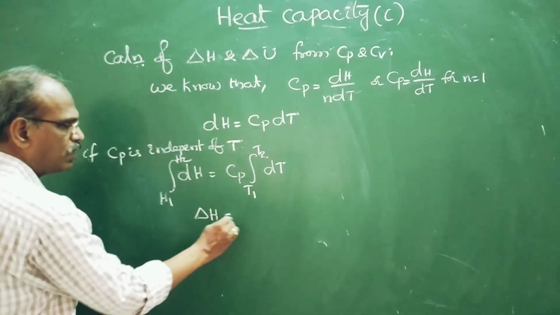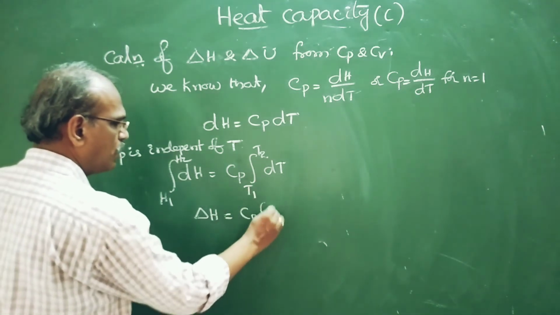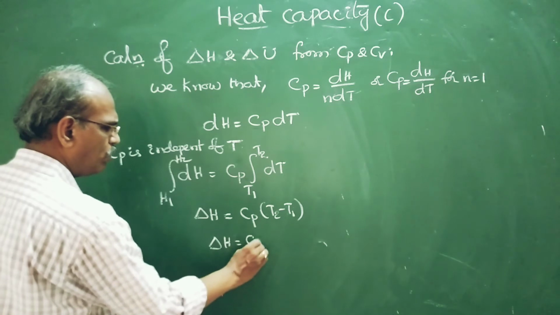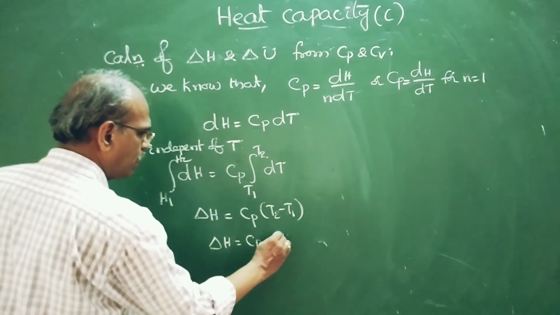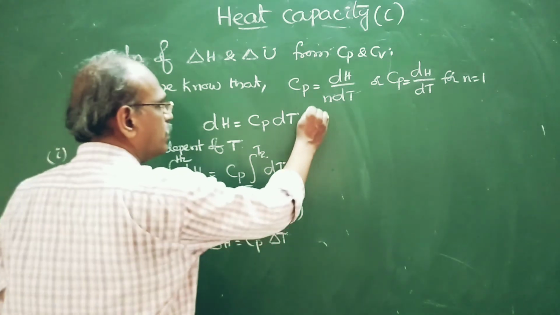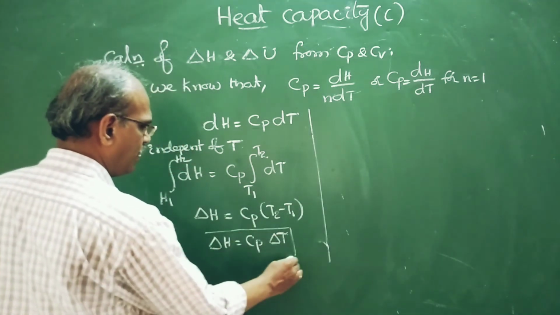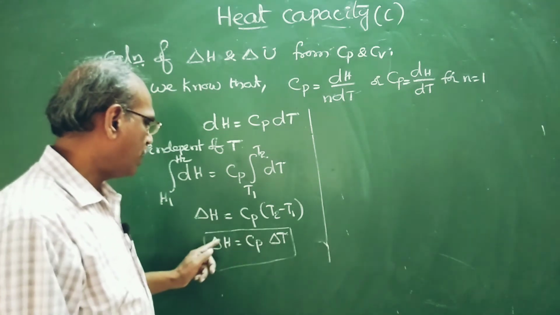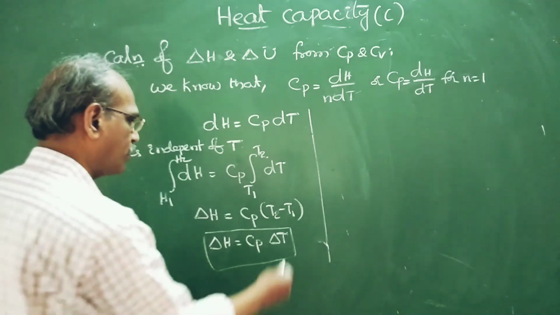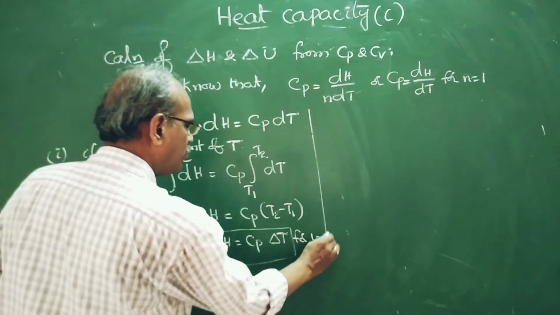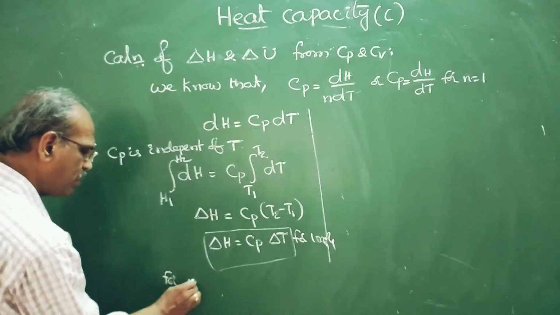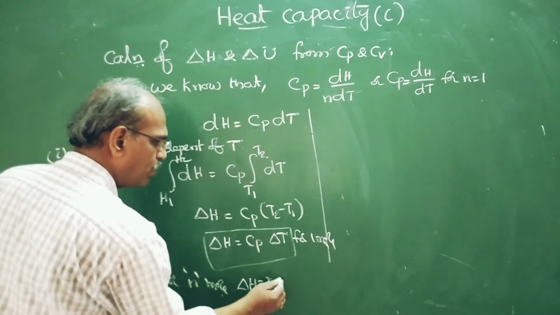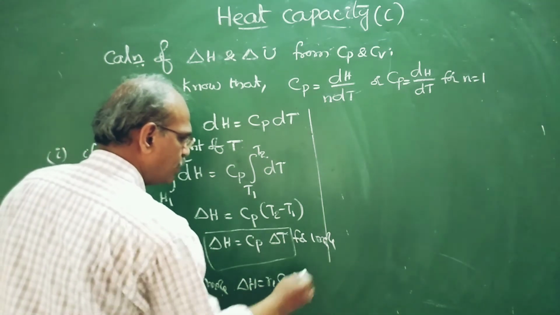This can be written as delta H is equal to Cp into T2 minus T1, or nothing but delta H is equal to Cp delta T. This is for 1 mole. For n moles, delta H is equal to nCp delta T.